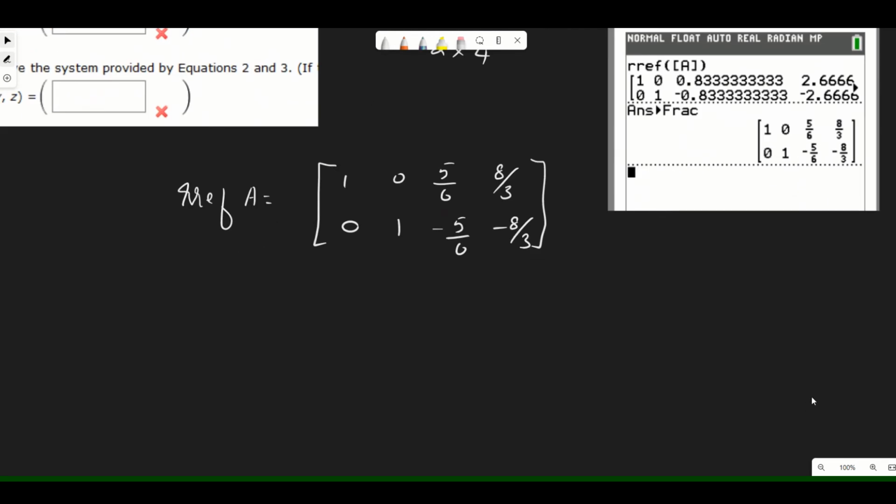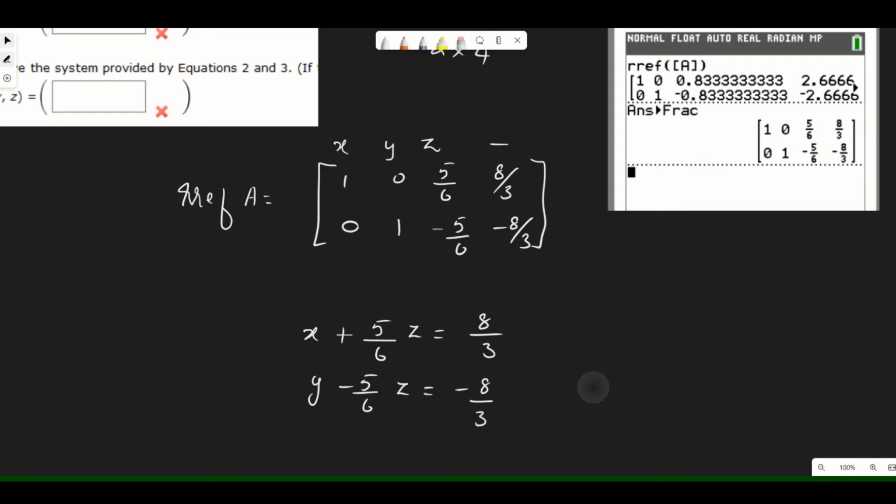So from this equation, these are all the coefficients for x, y, z, and this is my constant. So if I rewrite this, it looks like I get x plus 5/6 z equal to 8/3. Y is 1, y minus 5/6 z equal to negative 8/3.